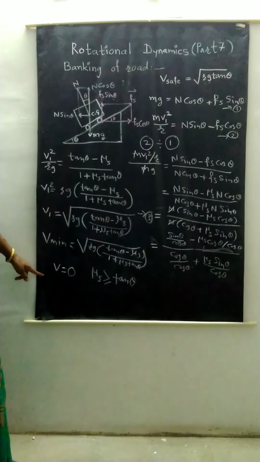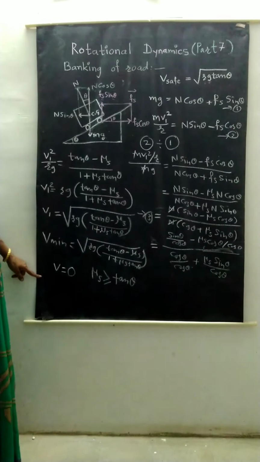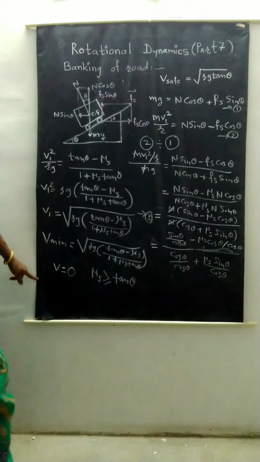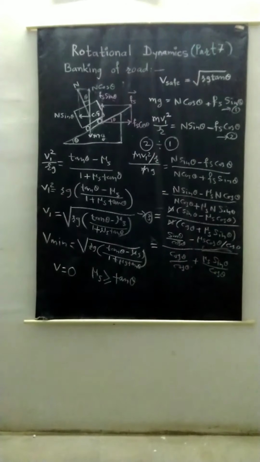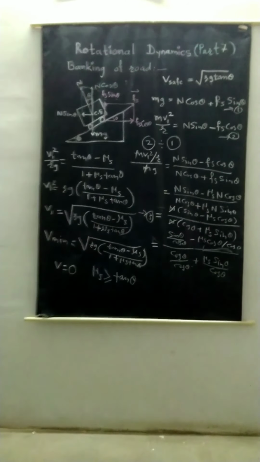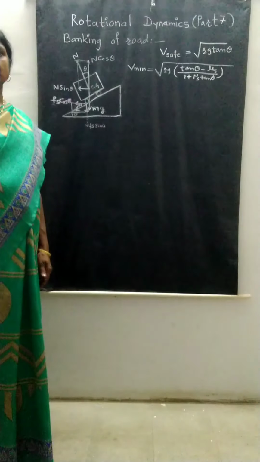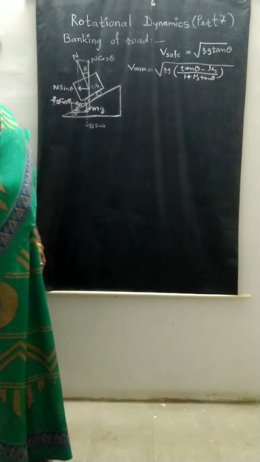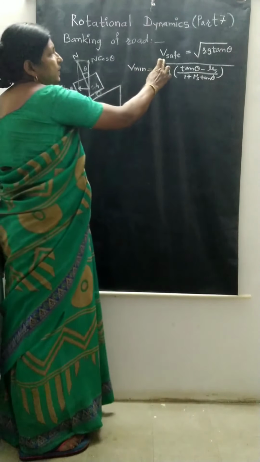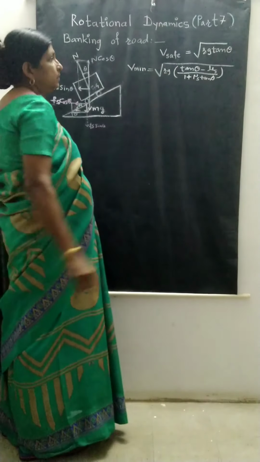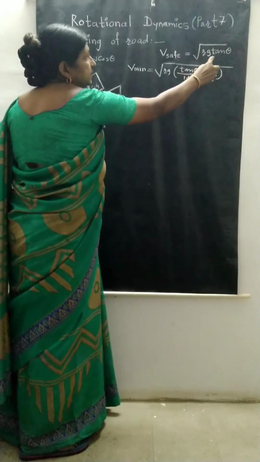Then we shall find the upper limit of the speed. So let us find the upper limit of the speed. The most safe speed is given by V safe is equal to under root r g tan theta.